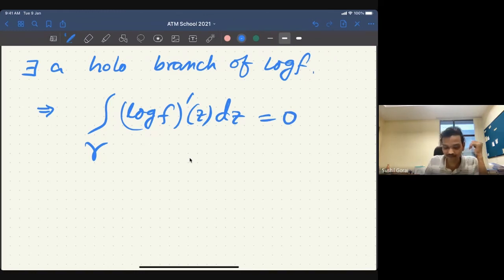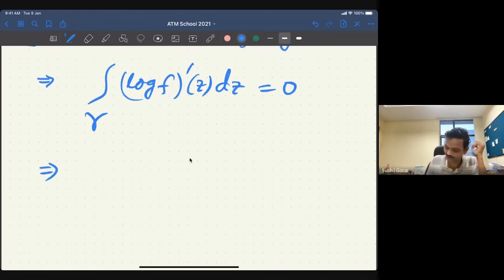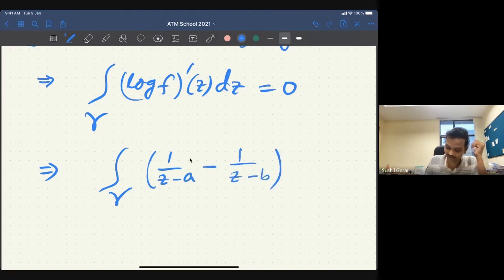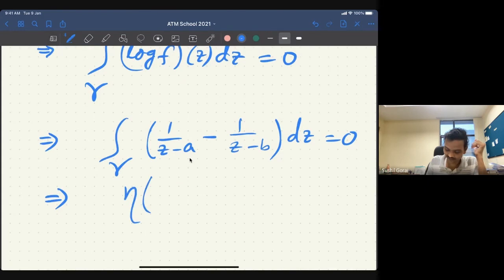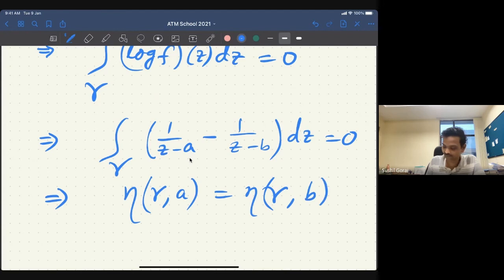Because log f is the primitive. So this is nothing but the integral of 1 over z minus A minus 1 over z minus B dz equal to 0. This implies the index of gamma, the winding number of gamma with respect to A, is equal to the winding number of gamma with respect to B.